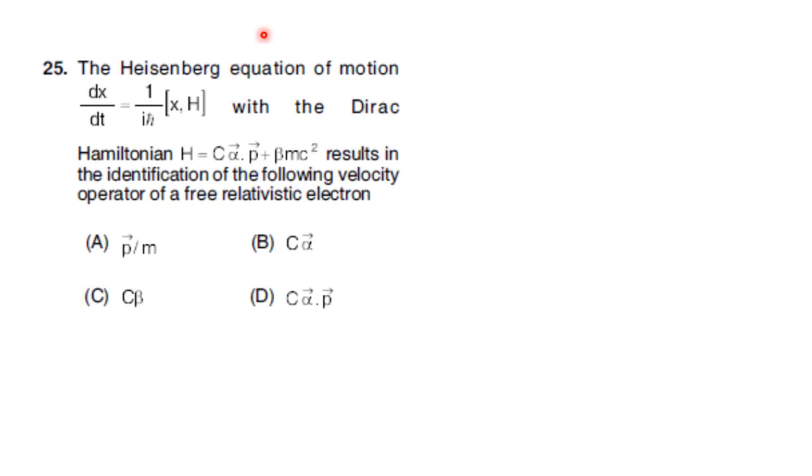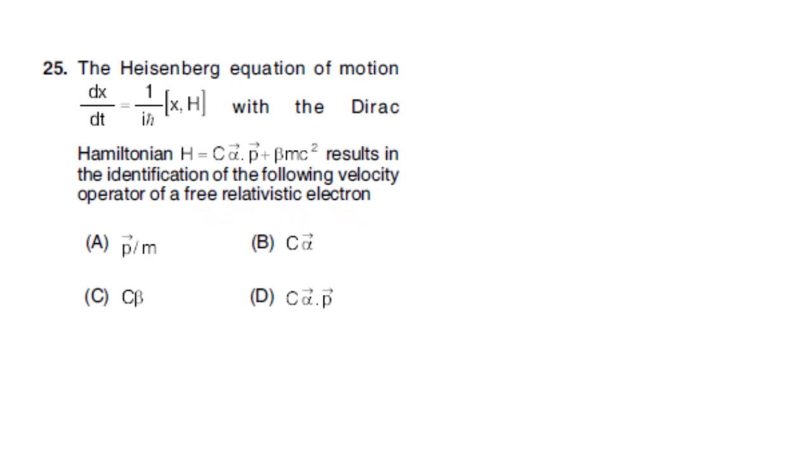The Heisenberg equation of motion dx/dt is equal to 1/(i h cross) times the commutator [x, H], with the Dirac Hamiltonian H equal to c alpha dot P plus beta mc square, results in the identification of the following velocity operator of a free relativistic electron.